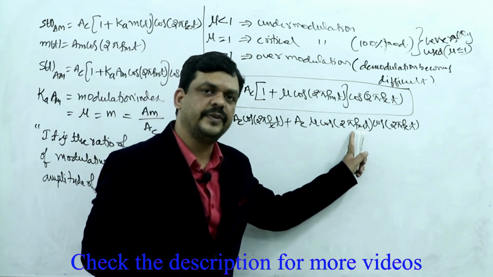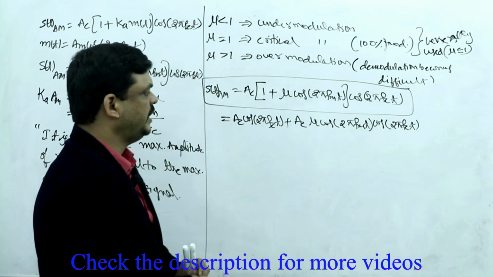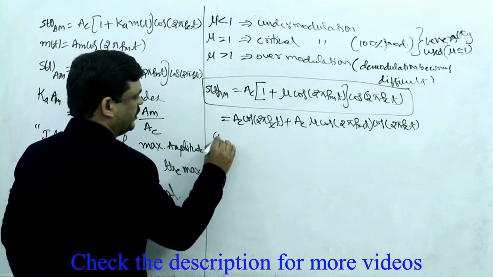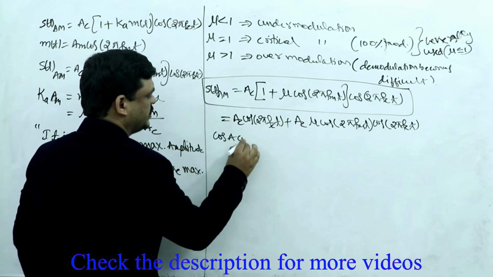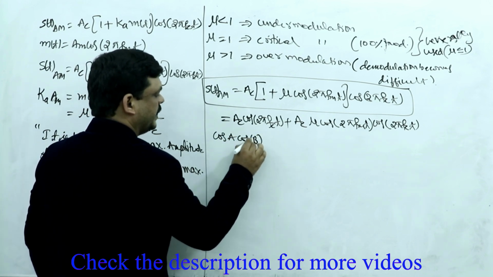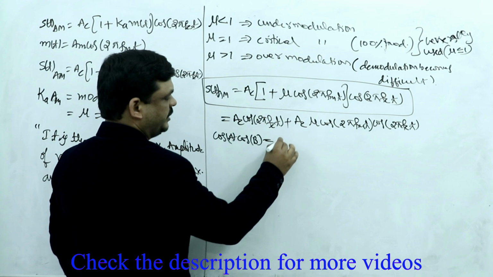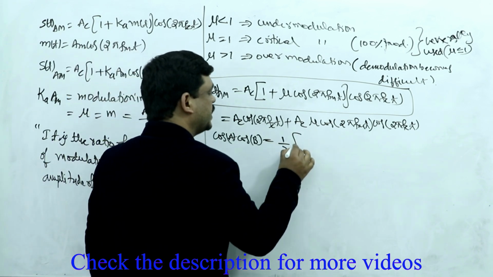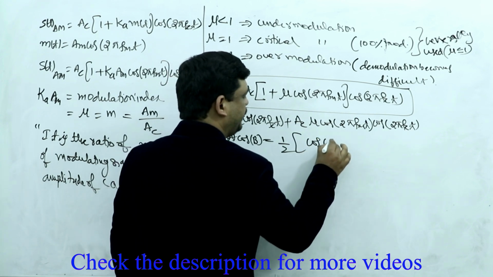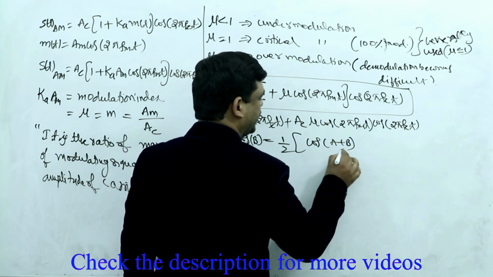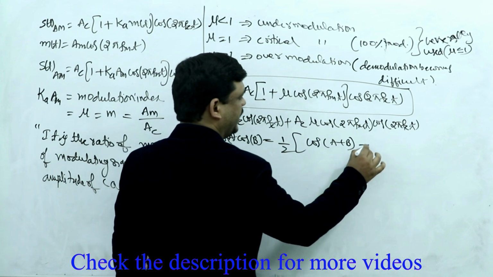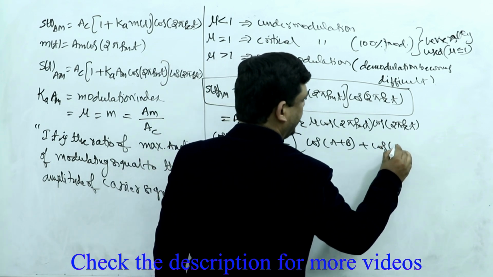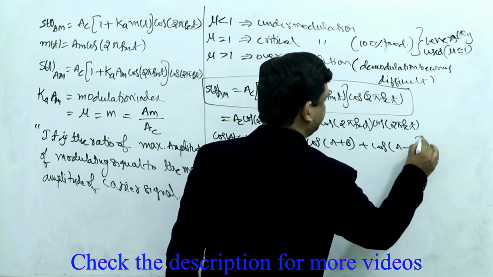One is the fm frequency, another is the fc frequency. This is similar to cos A into cos B. From trigonometry, I am taking this equation: cos A cos B equals 1 by 2 into cos(A plus B) plus cos(A minus B).